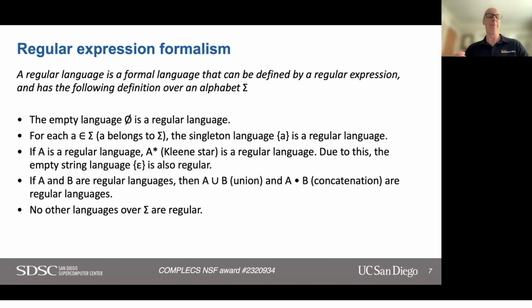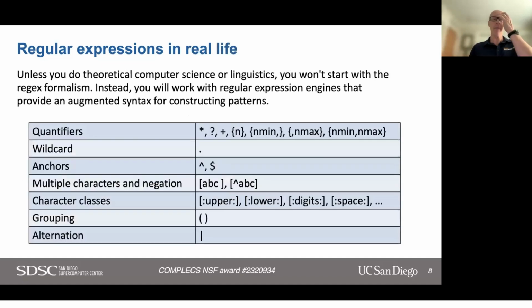So due to this, the empty string language is also regular. If A and B are regular languages, then the union and the concatenation are also regular languages, and no other languages over sigma are regular. So that's very, very abstract, but it does provide the foundation for what we're going to be covering today.